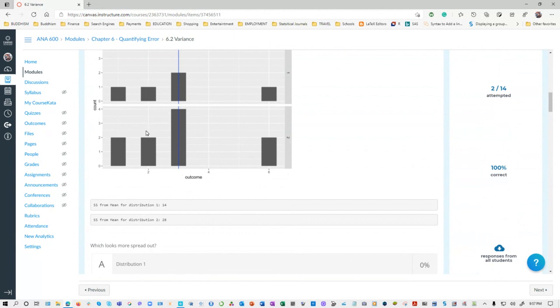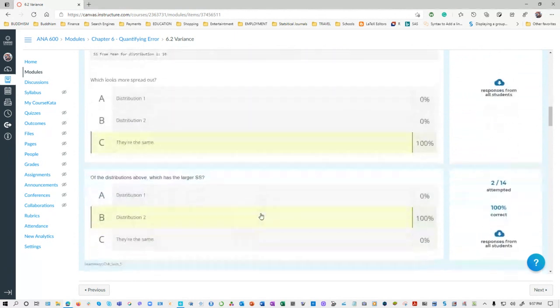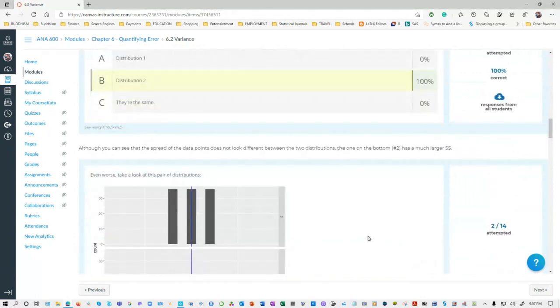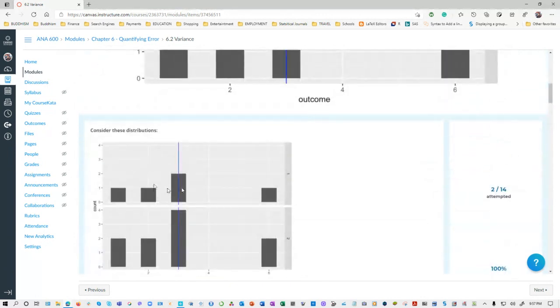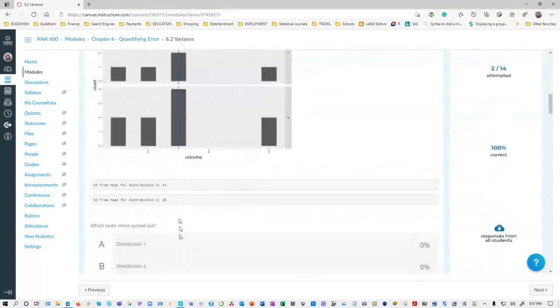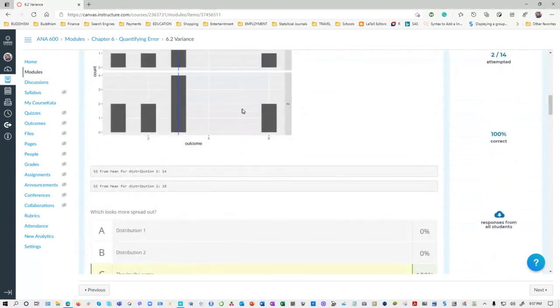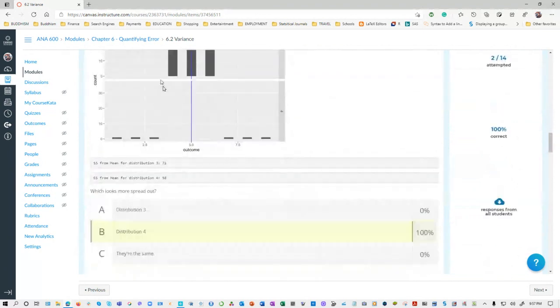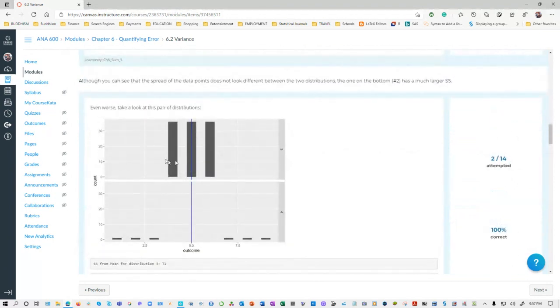But their sums of squared residuals are different because of the number. If the numbers are different, sums of squared residuals are different. Sample size is different here and here. Sums of squared residuals are different. See? Here again. On the other hand, sample sizes are different, and then their sums of squared residuals are different.